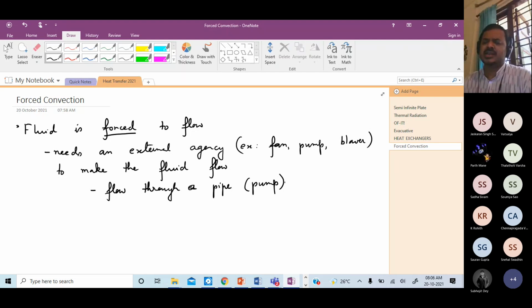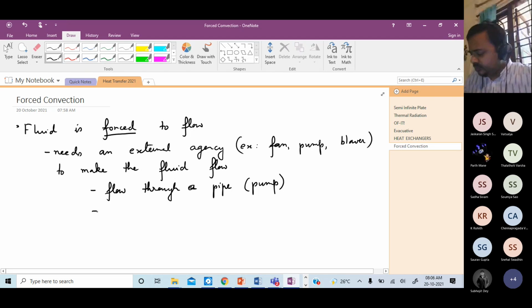From there it is primarily gravity that brings it to the different outlets within your house. But otherwise, to make fluid flow through a pipe, it has to be through a pump.